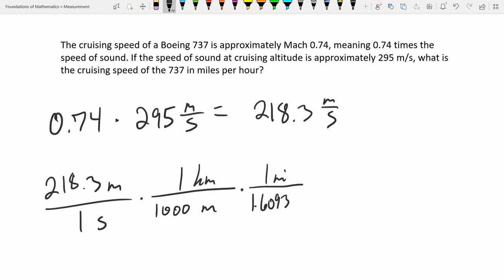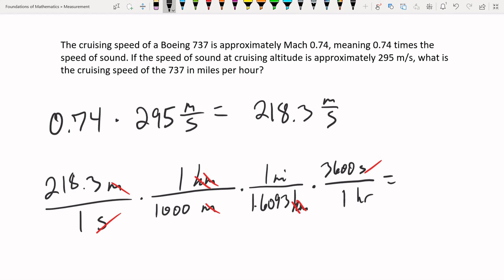Make sure of that. Yep, kilometers. Now we have miles, and we're going to convert seconds to hours. So we have 1 hour on bottom equals 3,600 seconds. Seconds cancel, meters cancel, kilometers cancel. We have miles per hour.